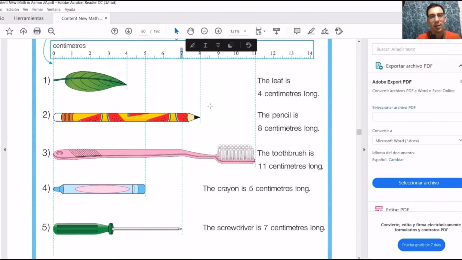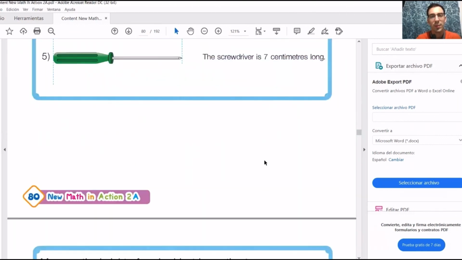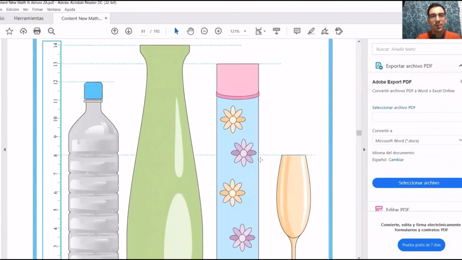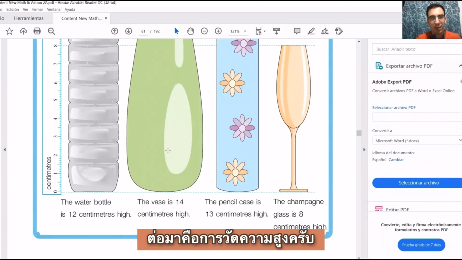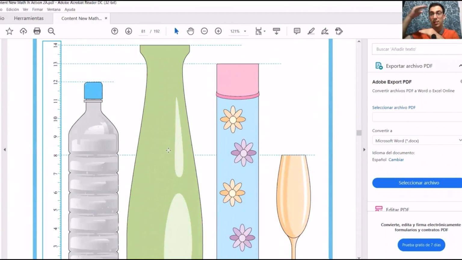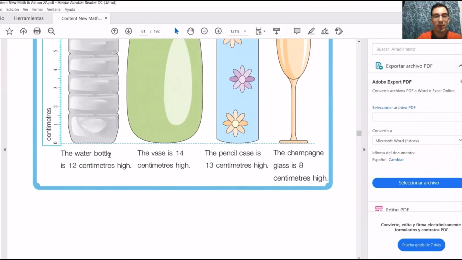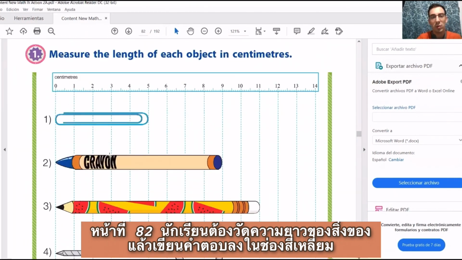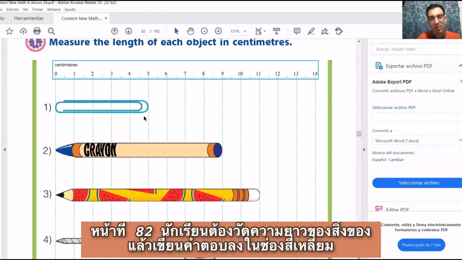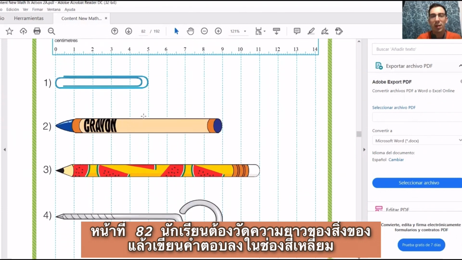Okay. So this is about the height, because it's vertical. No, height and length, remember? Okay, perfect. So on page number 82, you have many objects and you have to write how long they are.